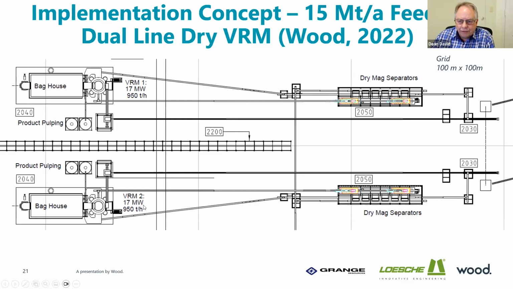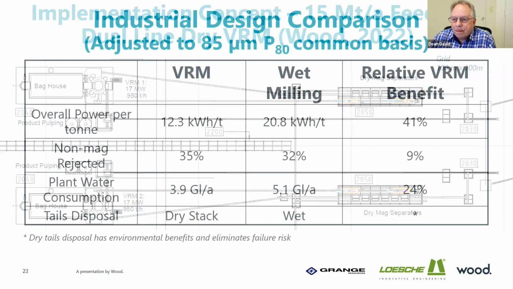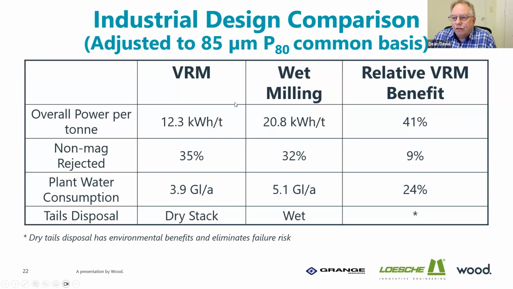And here we have a 17 megawatt unit and another 17, and each of them doing 950 tonnes an hour. So what's the comparison? The VRM, 12.3 kilowatt hours per tonne versus 20 in wet milling.